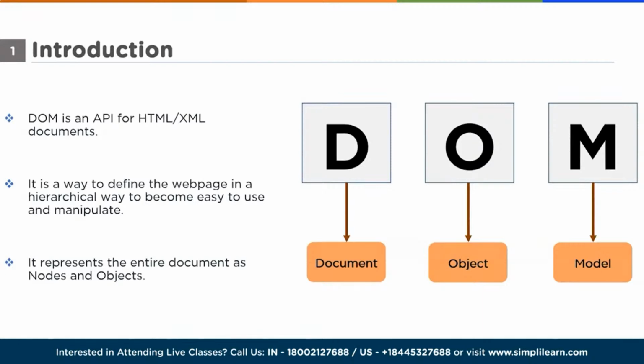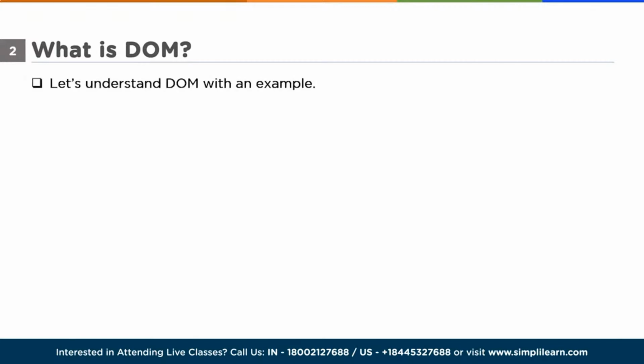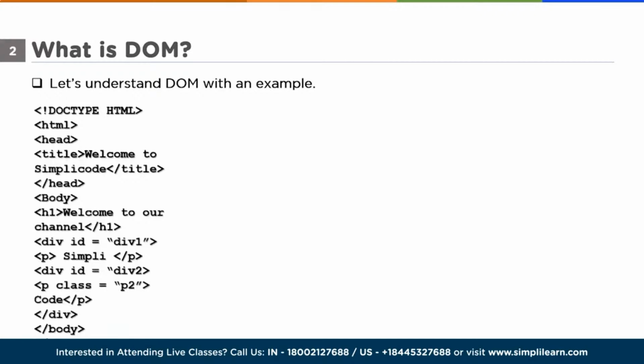Let's move on and see what the document object model is with the help of an example. I believe you guys have the basic knowledge of HTML and CSS, a prerequisite for this course. Let's start things off with a basic HTML example. Here we have code that consists of tags like HTML, head, body, heading tag, etc. We have the HTML tag here, the opening HTML tag and the closing HTML tag.